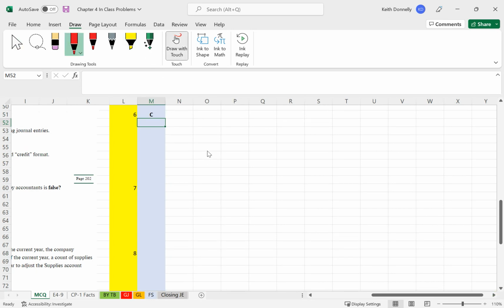So the idea with this is, you have the general journal, the general ledger, you're going to have an unadjusted trial balance, make your AJEs, and then have an adjusted trial balance.